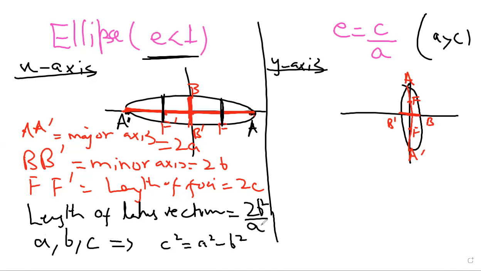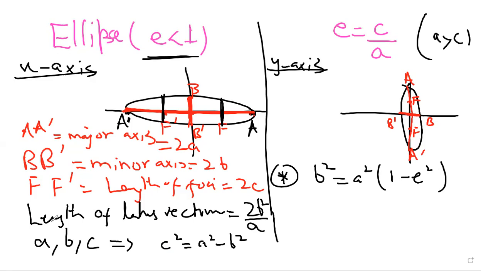And the relationship between B, A, and eccentricity is B square is equal to A square times 1 minus E square. These things are common between x-axis and y-axis.